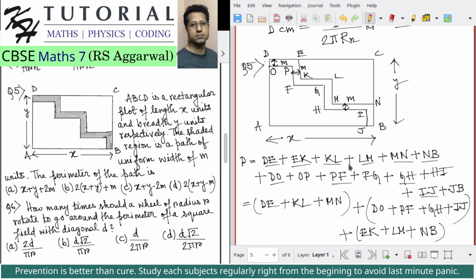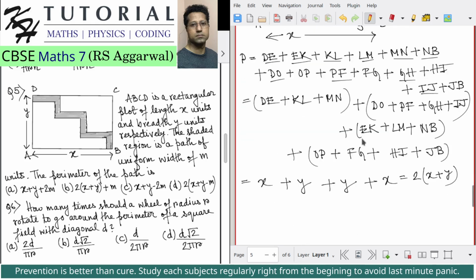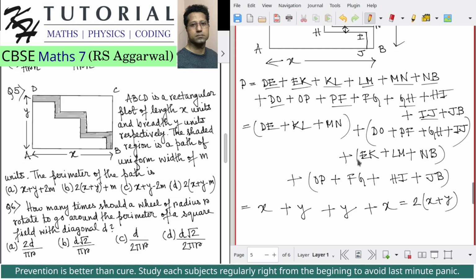Oh, okay. Actually, the diagram I have drawn is not exactly from the problem I was referring to. Anyway, as per the diagram in this problem, I think the answer should be 2 into (x plus y).